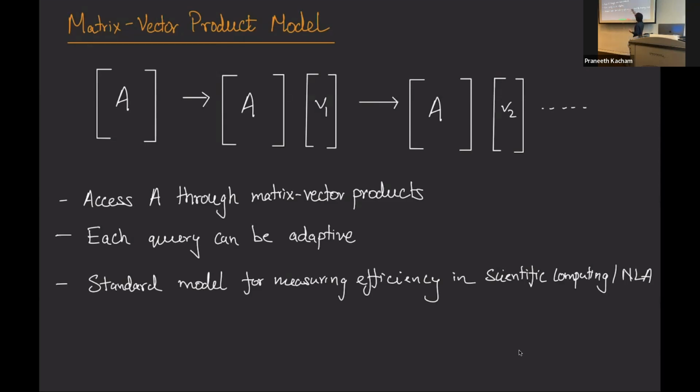Then based on this result, you can cook up another vector v2, and then you get to see A times v2. And these queries can be adaptive. This is a well-studied model in numerical linear algebra. The measure of complexity here is just the number of matrix vector products that you end up making. So we'll measure the complexity of our algorithms in terms of this quantity. Any questions about the model?